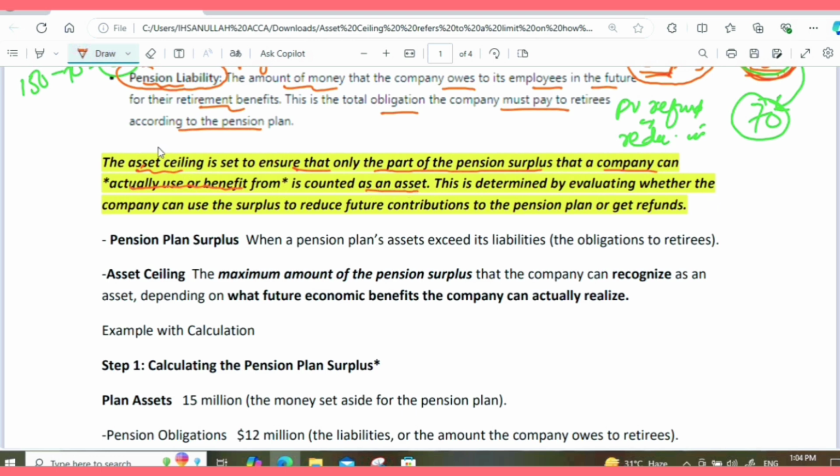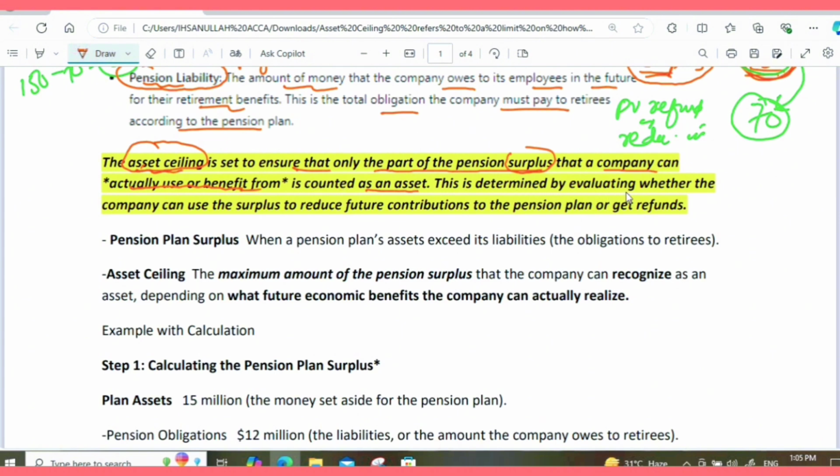Asset ceiling is just for ensuring that we have recorded the surplus with the correct amount from which the company can actually get benefit from that asset.